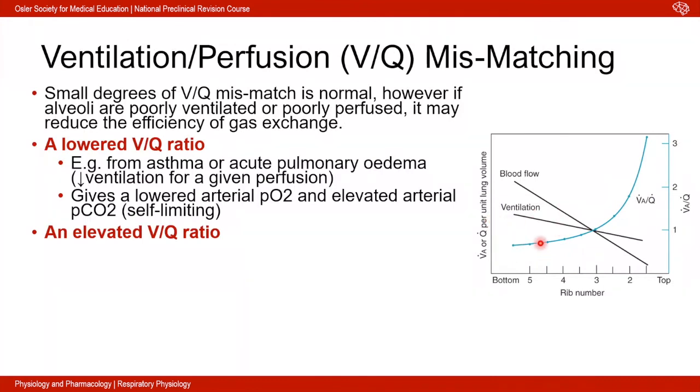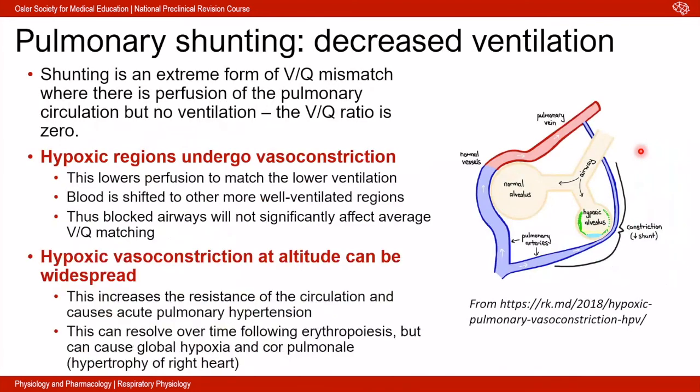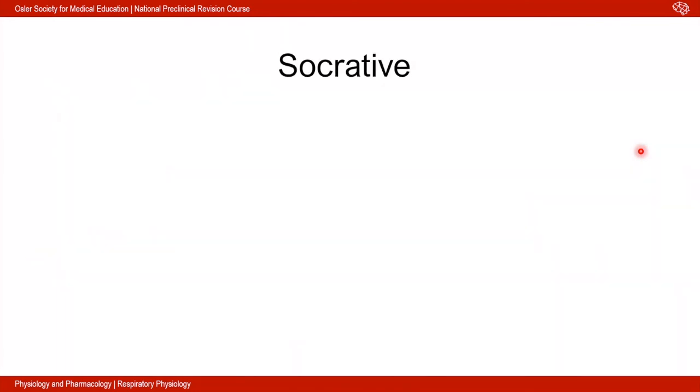We've got this line, so this is our VQ ratio. It's much, much greater at the apex, because we've got V over Q, ventilation here and Q there. So it means our ratio is going to be really high at the apex. If you have any questions about that, let me know.